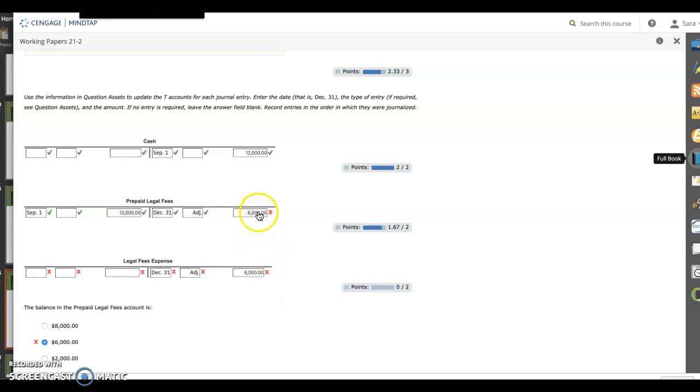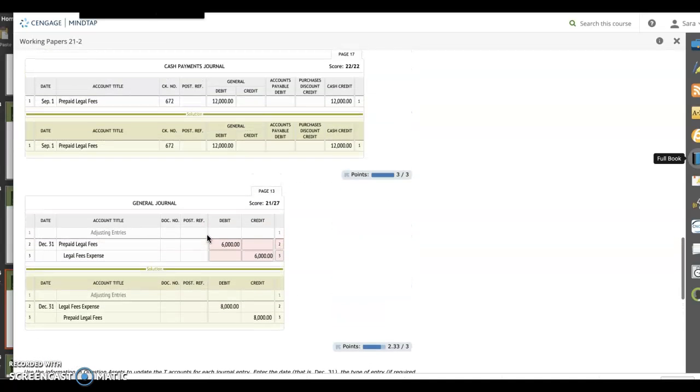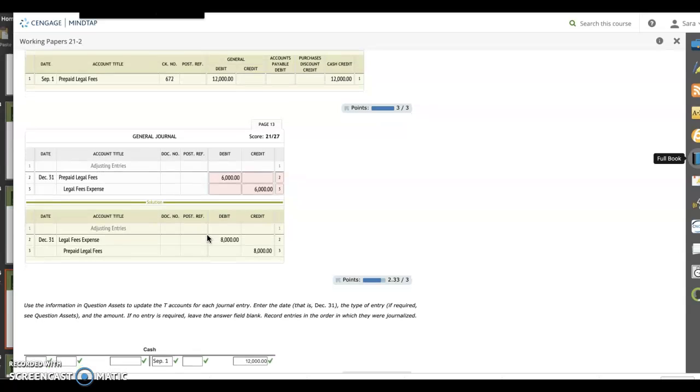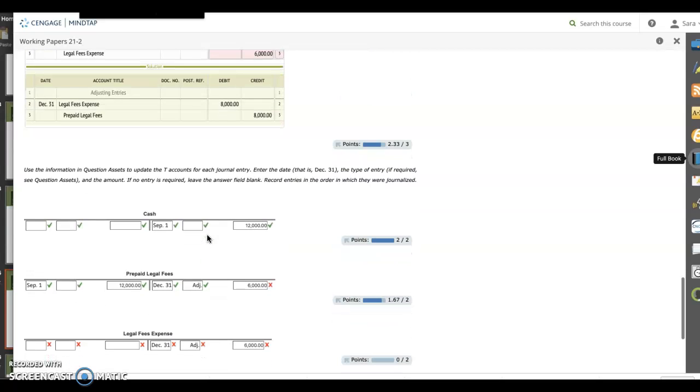8,000. Let's see, legal fees expense. It's 8,000.